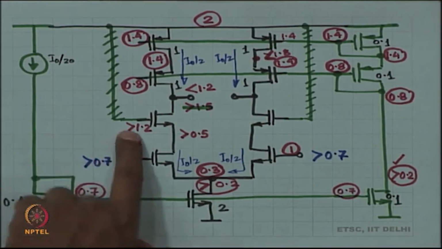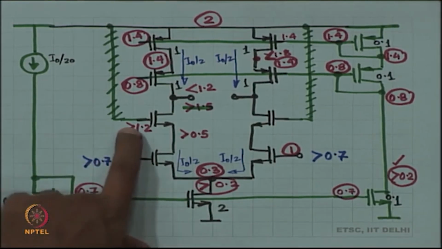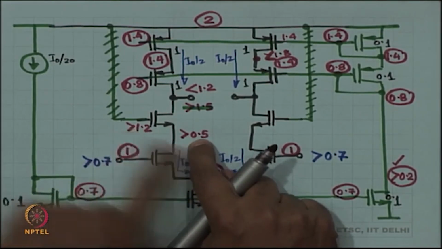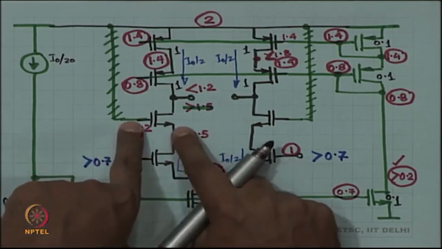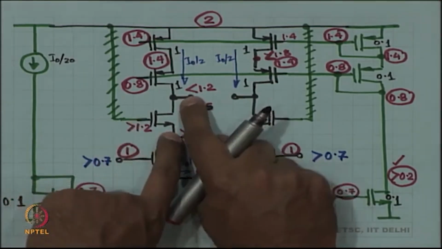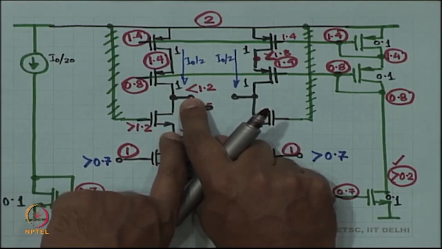If I apply 1.7 volts over here, then what is going to happen? The voltage here will be 1 volt, which is okay, perfectly fine. 1.7 here, 1 volt here. What is the least voltage over here? 1.2. Okay.